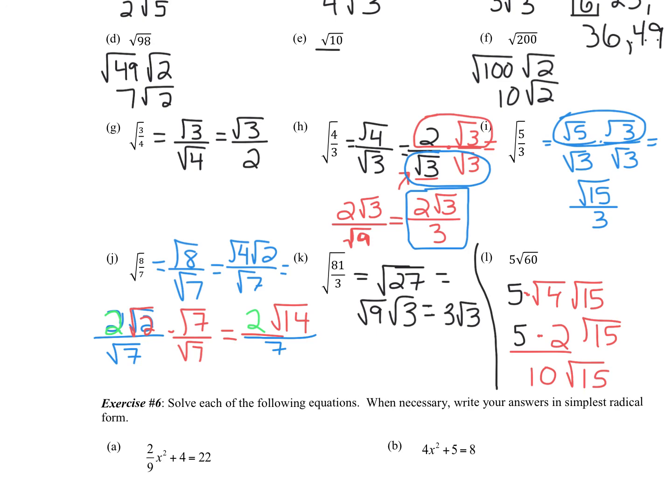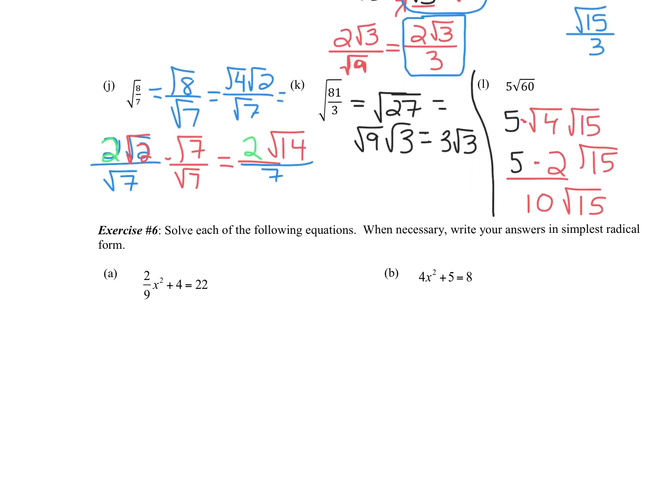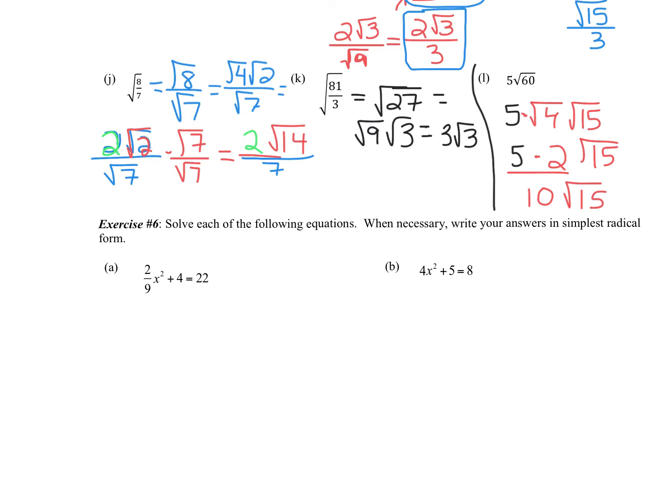Okay, so moving down the page, now we're going to head back to those incomplete quadratics. We practiced some simplifying radicals. So here, I'm going to subtract 4. And once again, it's incomplete because there's no x term.